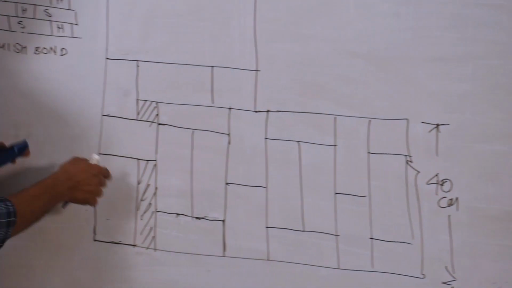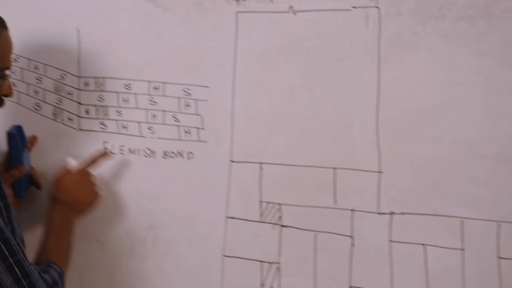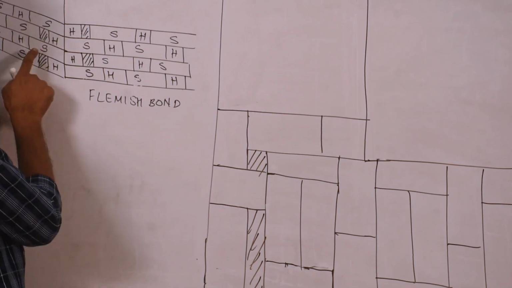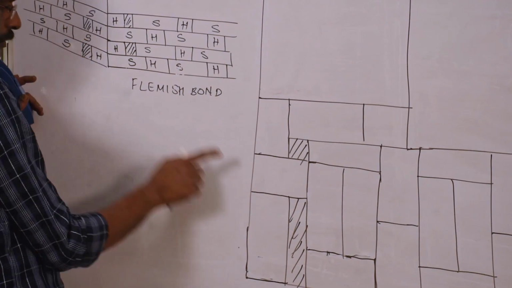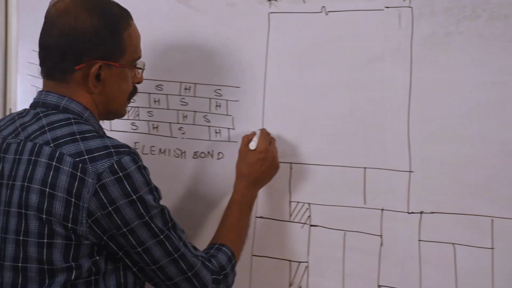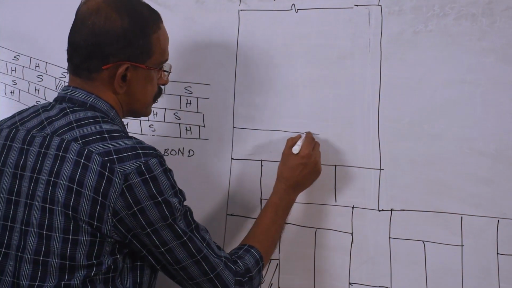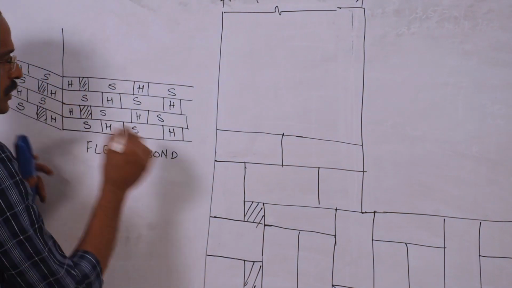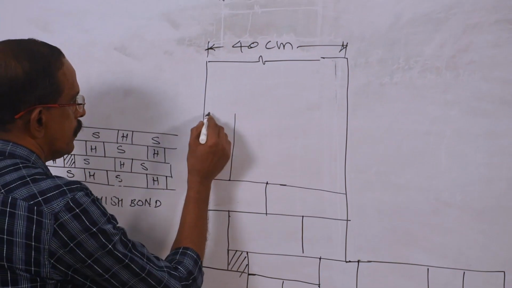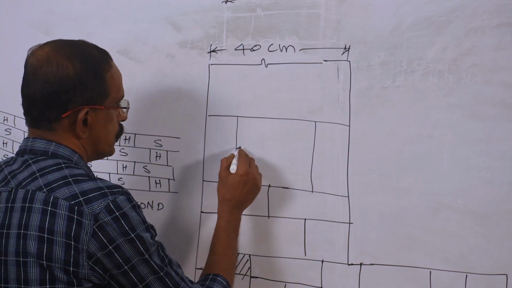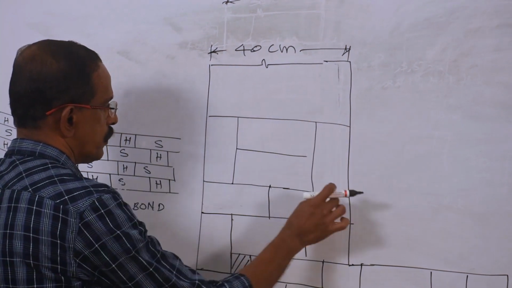That will continue. So if you move in this direction, second layer, structure, header, then structure, then it should be header. That means the brick is kept like this. So for making 40, you have to keep 2 bricks. Then next is structure. So for making 40, you have to keep 2 bricks like this and 1 brick like this.